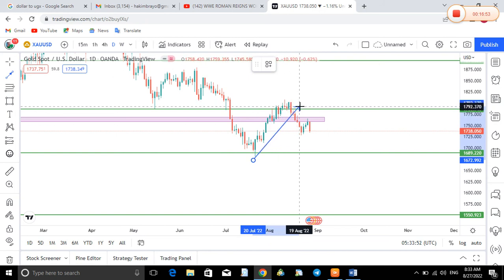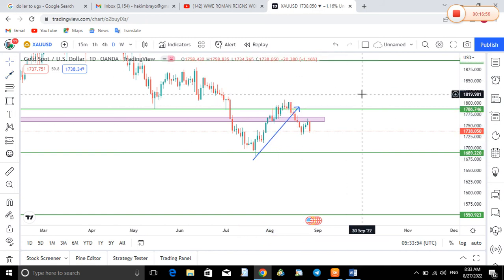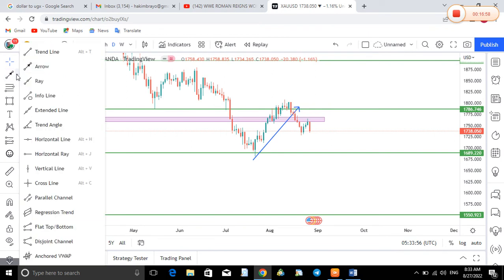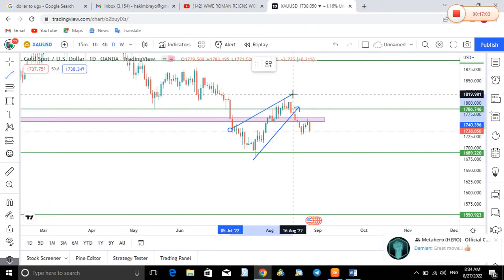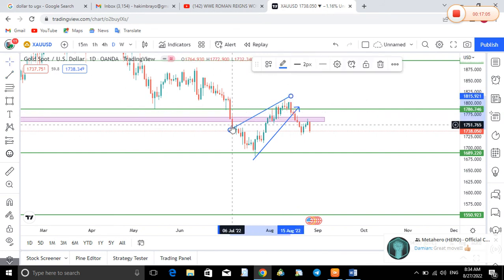this bearish flag. I don't know whether you can see it, but this bearish flag.